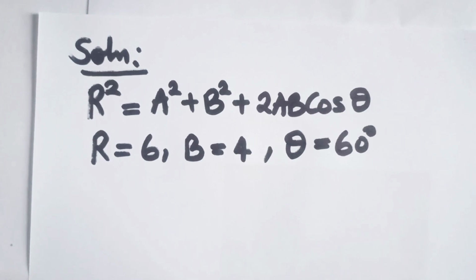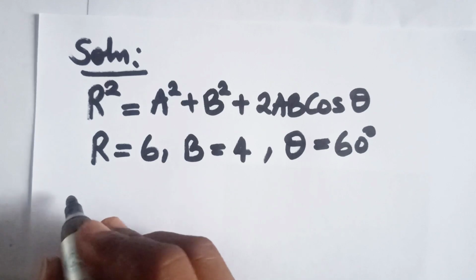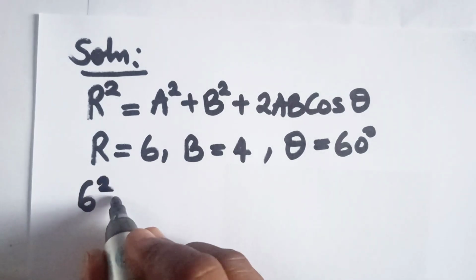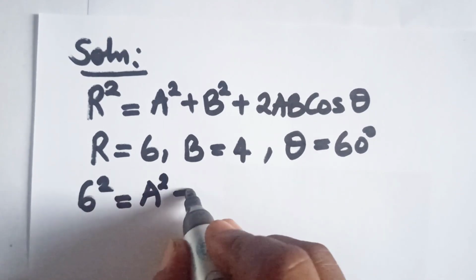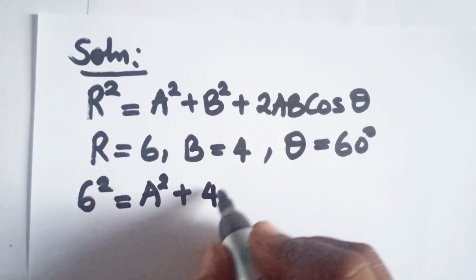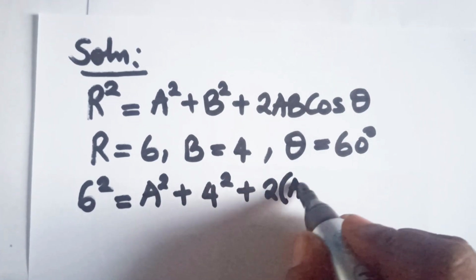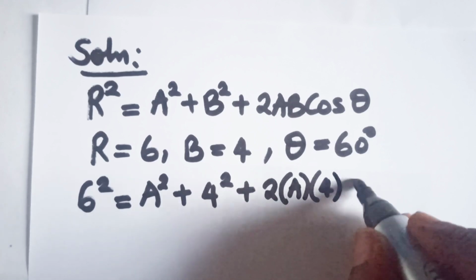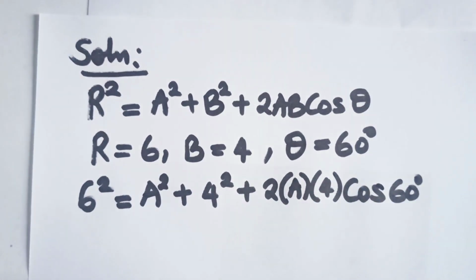We will put the above values in this formula to have 6 squared is equal to A squared plus 4 squared plus 2 times A times 4 times cos 60 degrees.